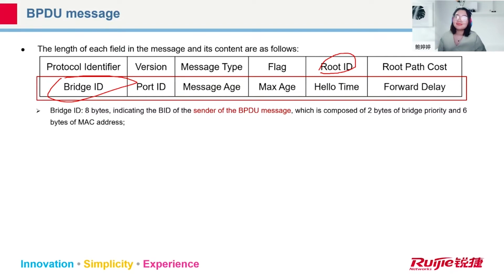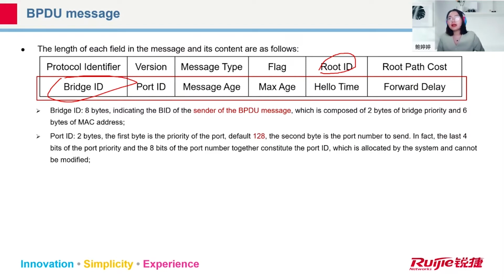If this BPDU is created by the root bridge, the root ID and bridge ID will be the same. But if a non-root bridge creates the BPDU, the root ID is the root bridge ID, but the bridge ID is the non-root bridge ID. So this will be different.